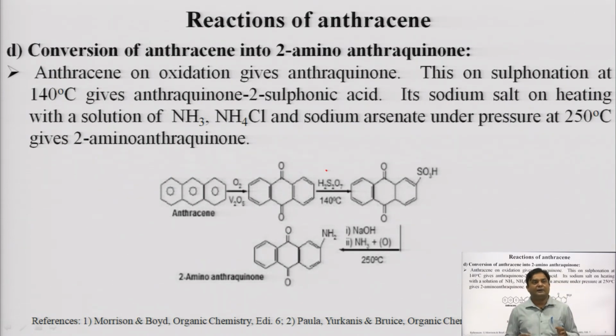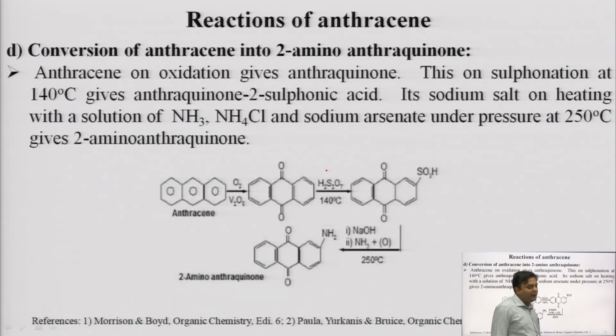So anthracene on oxidation gives anthraquinone. This on sulfonation at 140 degrees gives anthraquinone-2-sulfonic acid, as you can see there. Its sodium salt on heating with a solution of ammonia, or we can take NH4Cl also, or sodium arsenate also, under pressure at higher temperature, more than 240 to 250 degrees centigrade, is easily converted into 2-amino-anthraquinone.